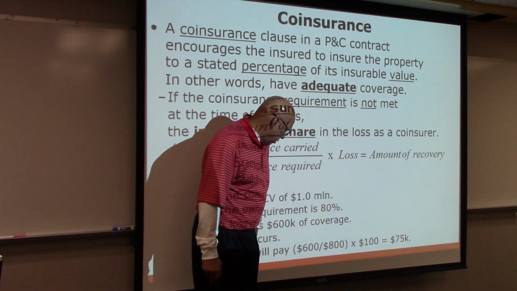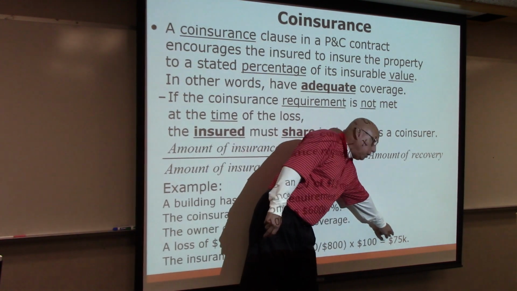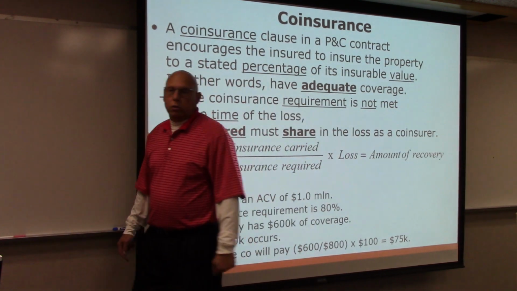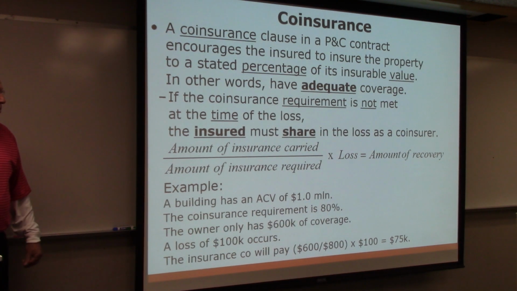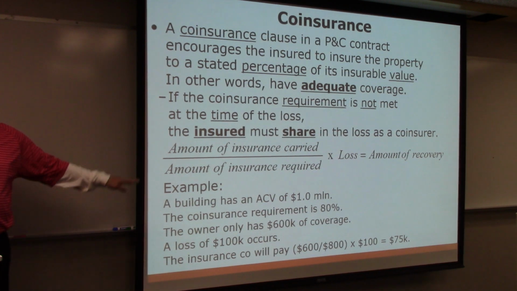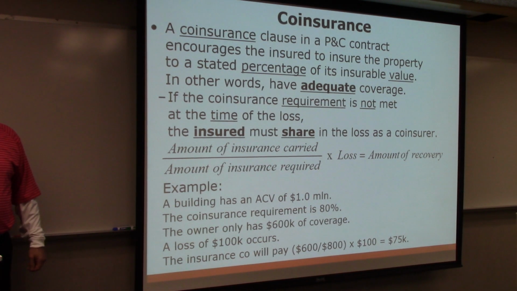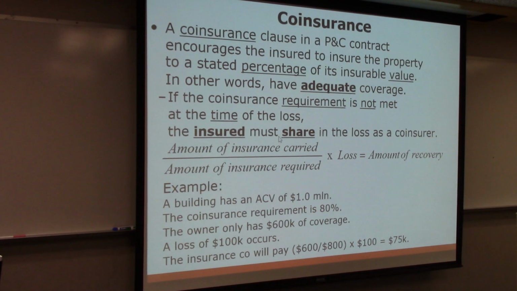Actually, that's 3/4, isn't it? Yep, 3/4 of it. That leaves $25,000 co-insurance, which is a lot more than the premium the customer would have paid if they had had $800,000 worth of coverage. So again, the insurance company doesn't want to play games with people under-insuring. That's why they do this.